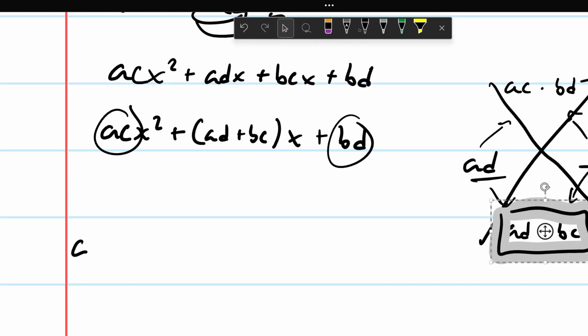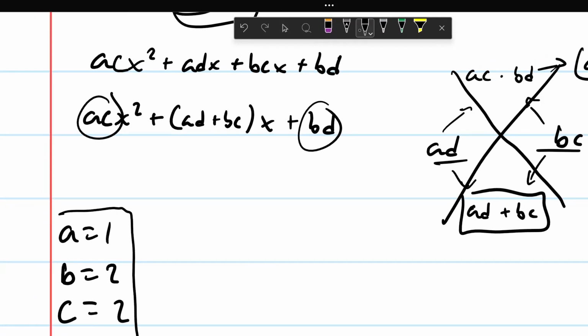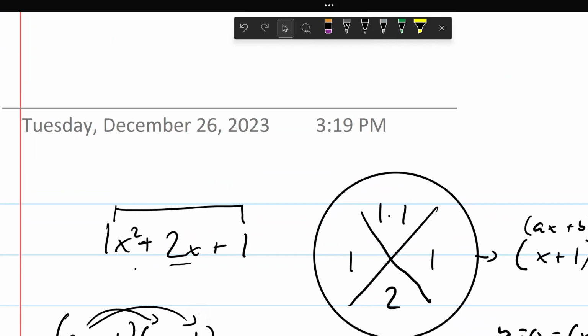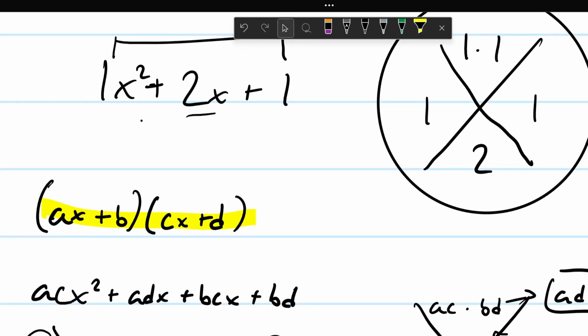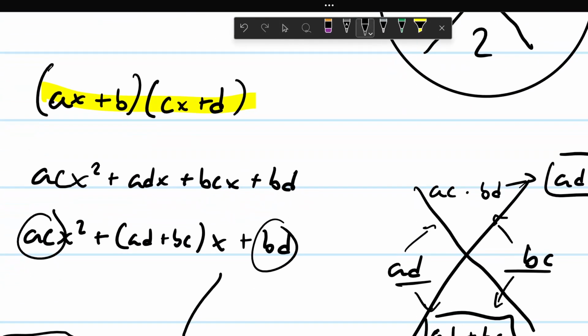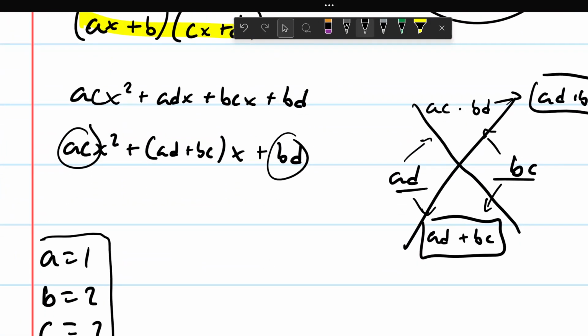Now let's use some sort of example. Let's say A equals 1, B equals 2, C equals 2, D equals 1. Remember, we want to find the form like this. We are factoring. So let me just plug it in here.